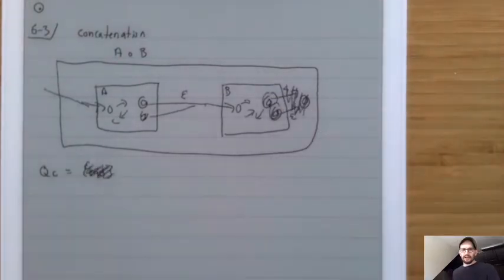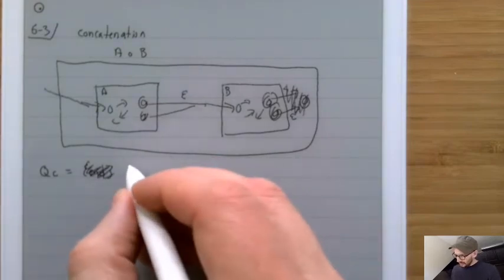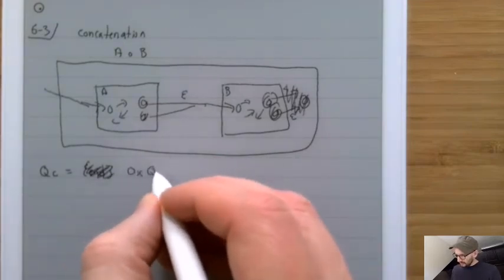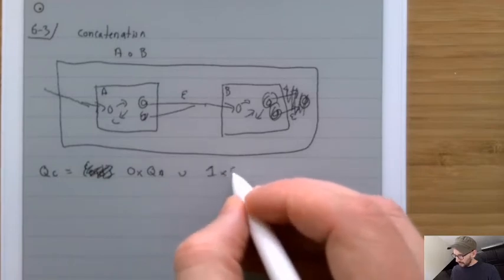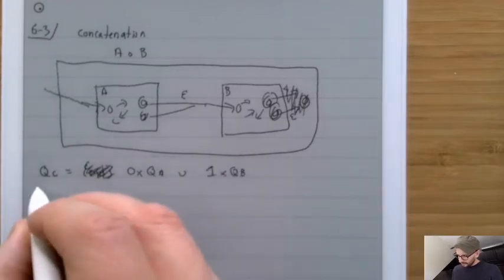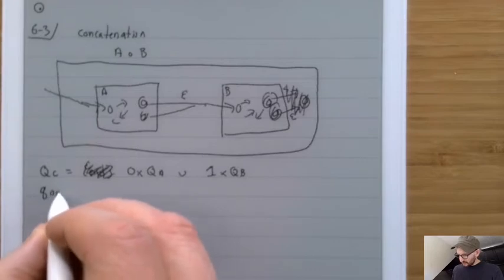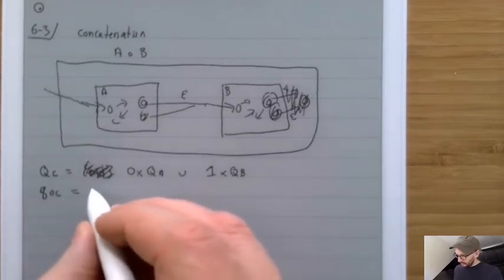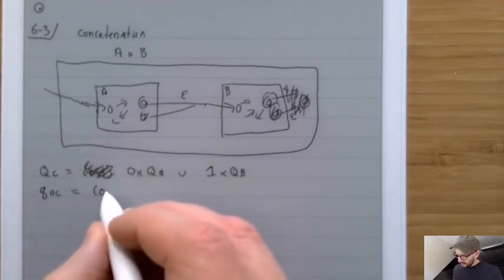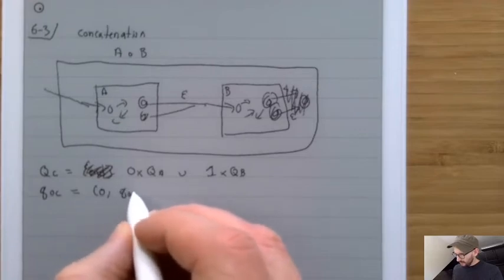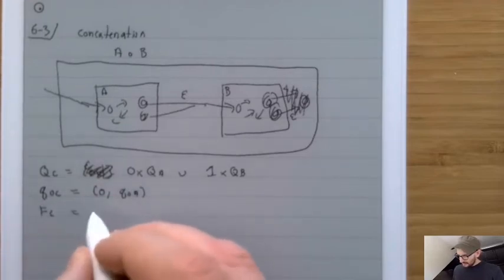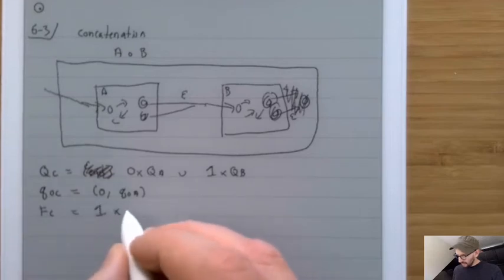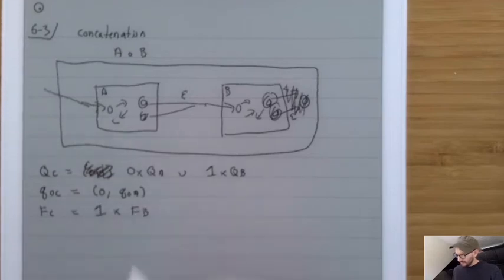So that way we can get by with having fewer states. So we'll just have 0 cross QA union 1 cross QB. The start state, Q0C, is equal to 0 paired up with Q0A. The end states are 1 paired up with the end states of B.